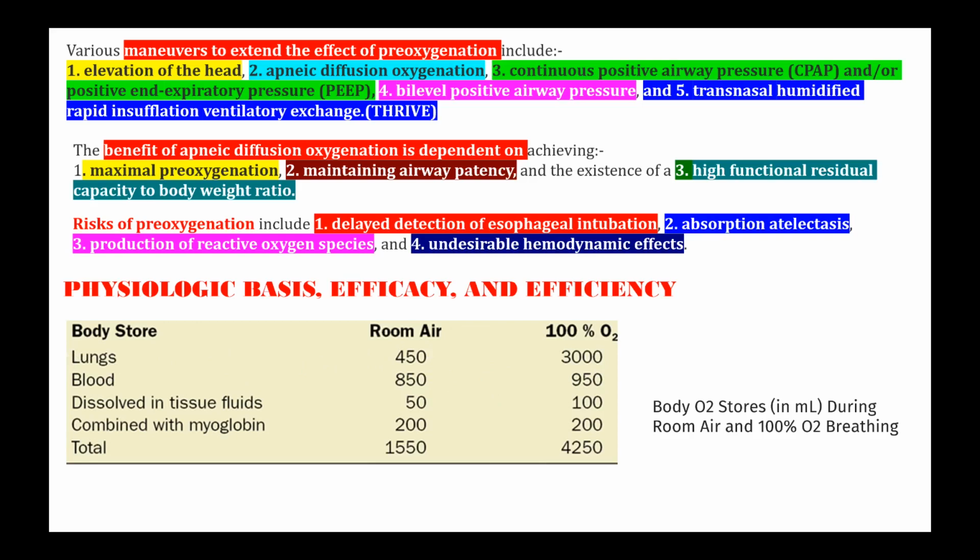What does it serve? It increases the apneic time. In your normal respiration, do you go for apnea? No, sir. FRC is present in your normal lung itself, isn't it? Yes, sir. What is the purpose or function of that FRC?